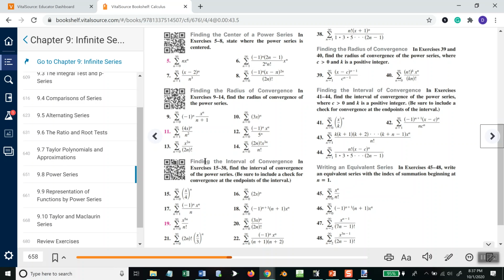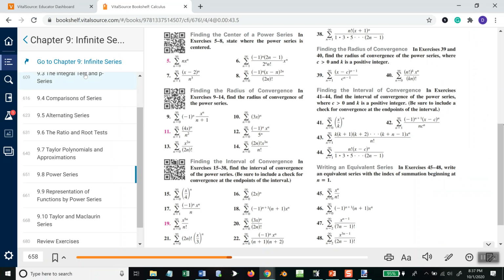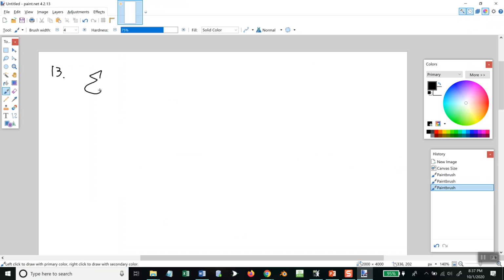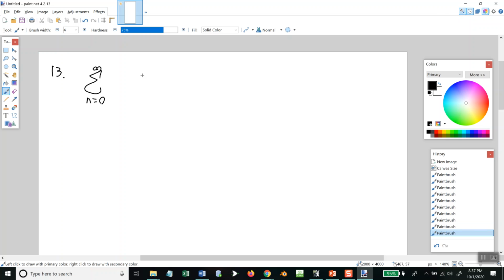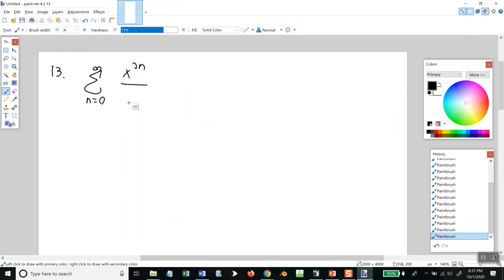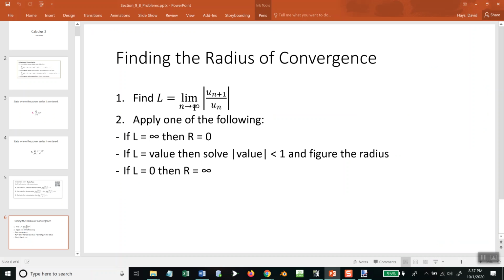Let's do that one, number 13. Okay, so we want to find this limit.